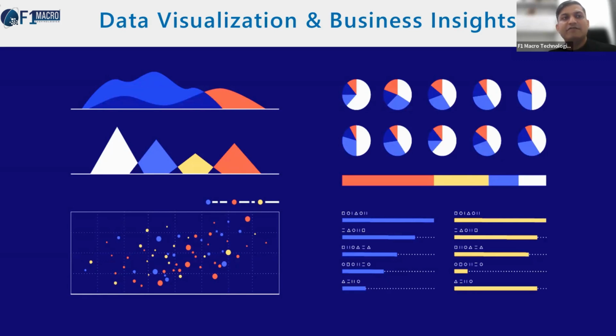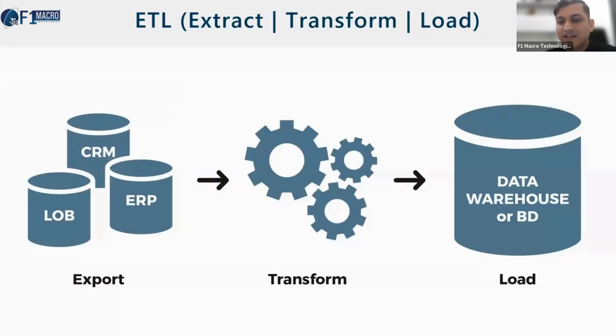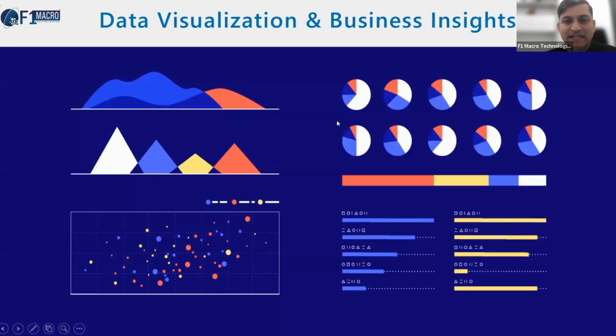If I sold 1000 quantity in Jan 2023 and 2000 quantity in Jan 2024, what is the growth? What is the percentage growth of the business? What is the year on year growth? Month on month growth? Quarter on quarter growth? Using the data in the warehouse, we can visualize it, generate business insights, and answer the questions the business is asking.